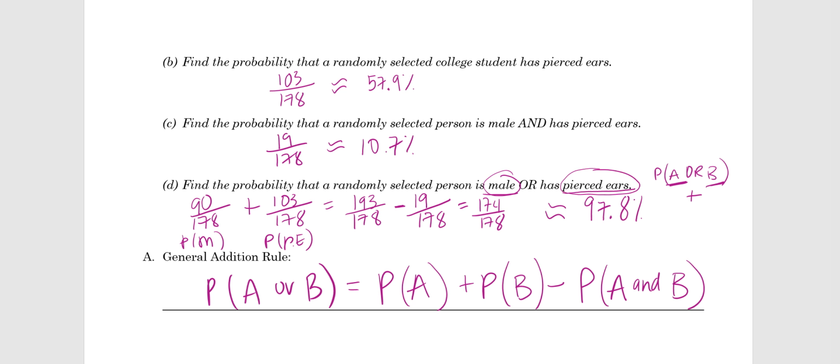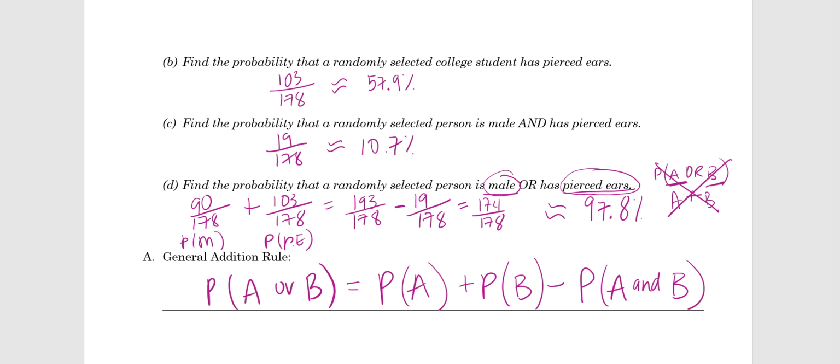Well, can you be male and have pierced ears at the same time? Yeah, of course you can. In fact, there are 19 males who do have pierced ears. So in this case, being male and having pierced ears is not mutually exclusive, which means that I can't just simply add the probability of A plus the probability of B. I'm not going to get the right answer.